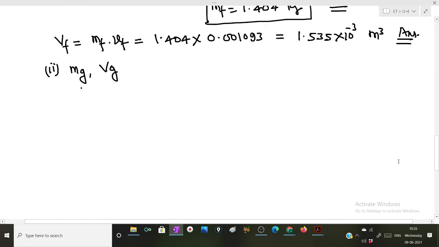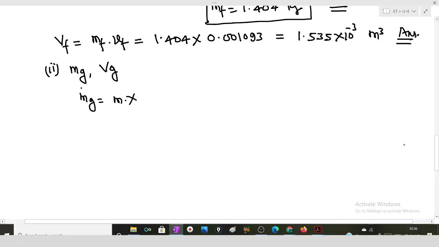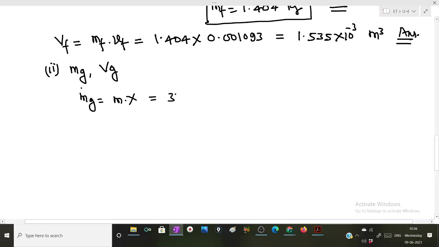So I can easily calculate the value of mg, that is the mass of dry saturated steam. So this will be 3 into 0.532, which is 1.596 kg. This will be the third answer.